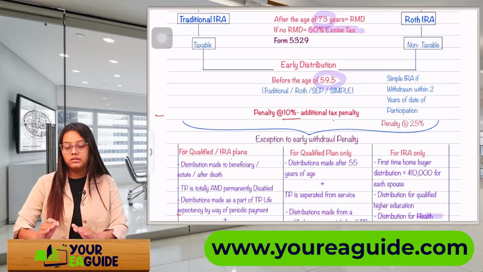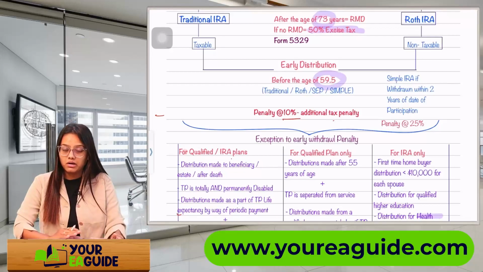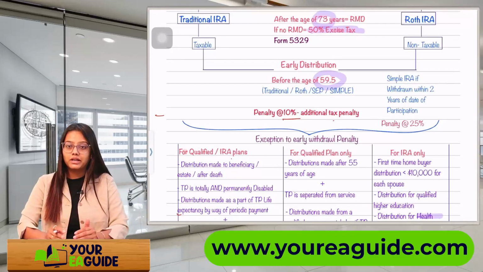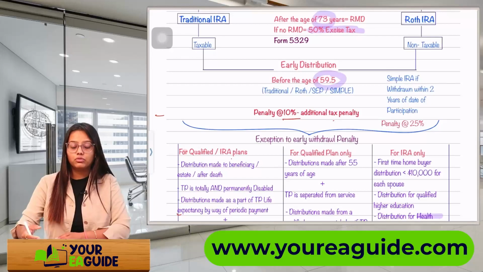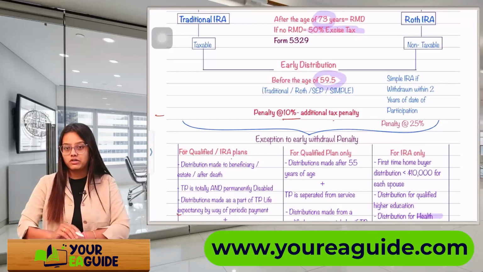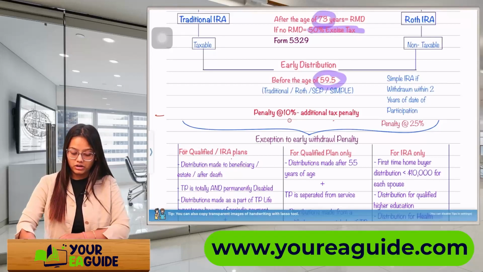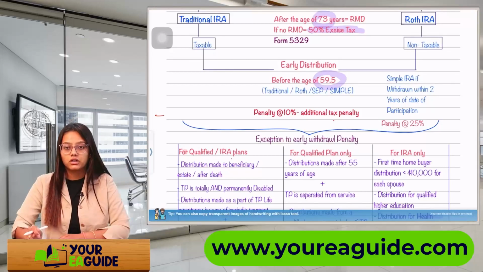Usually people deposit money in the IRA account from their earned income, till the time they are earning. And they withdraw it when they require the money, when they don't have proper earnings. So at the age of 59.5, after that, you are allowed to withdraw the money. But before this age, if you start withdrawing the money, you will be liable for an additional early withdrawal penalty, that is straight away 10%.